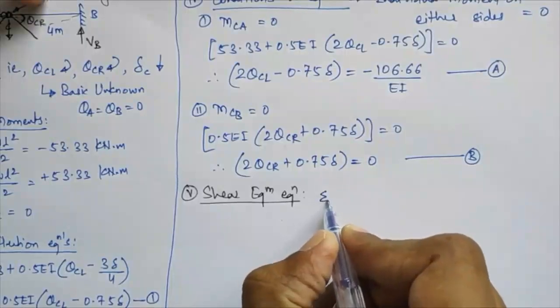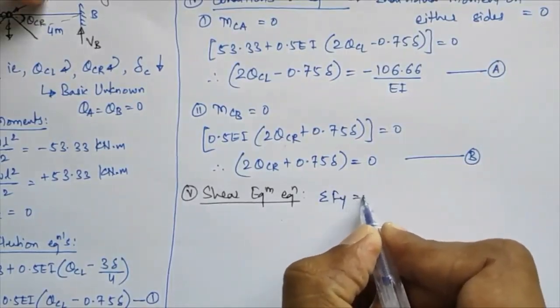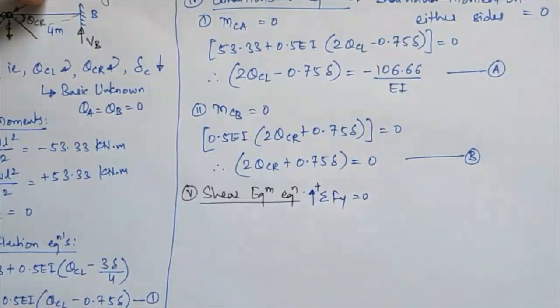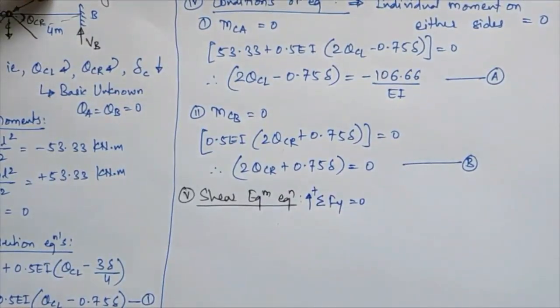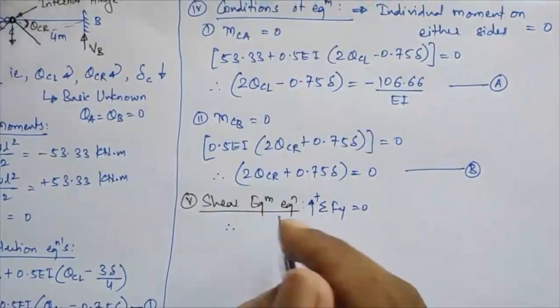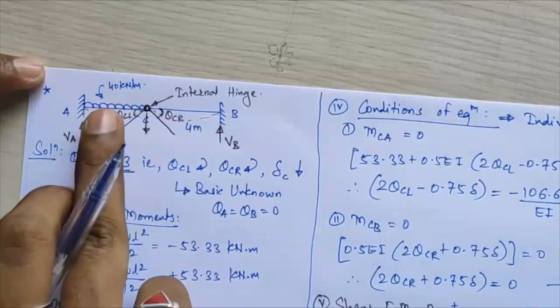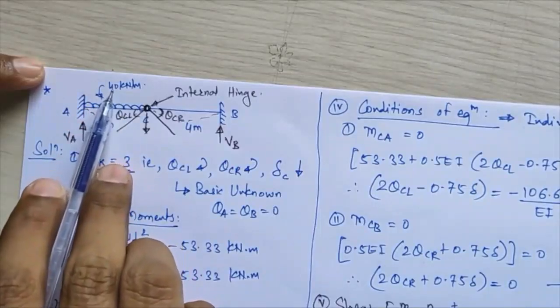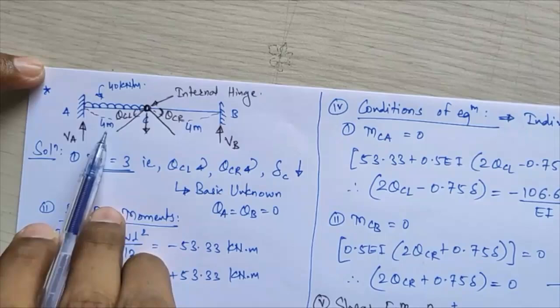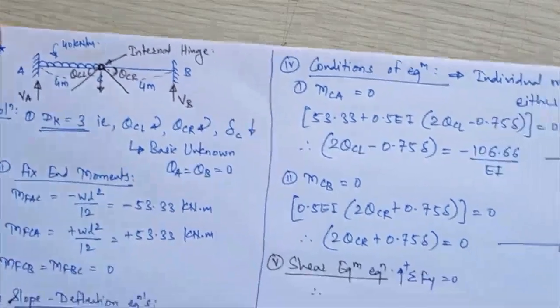So for that I will consider now summation of Fy equal to 0. We consider upward forces as positive. So this equation I will get, that is, VA plus VB minus the downward acting UDL, that will be what? Intensity of UDL multiplied by its acting length. So 40 into 4, that will become 160.